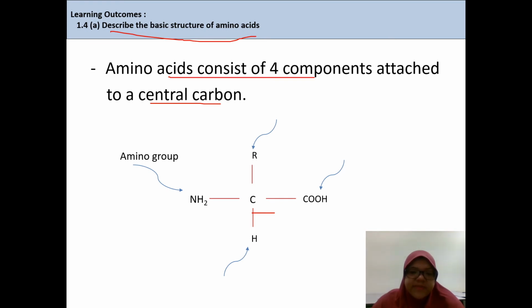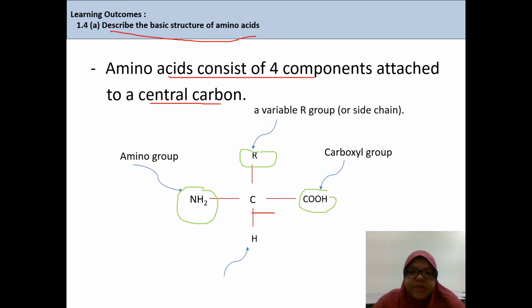The first component is the amino group, symbolized by NH2. The second component is the carboxyl group. The third component is the R group, known as a variable R group or side chain. And the last component is H, which is a hydrogen atom.